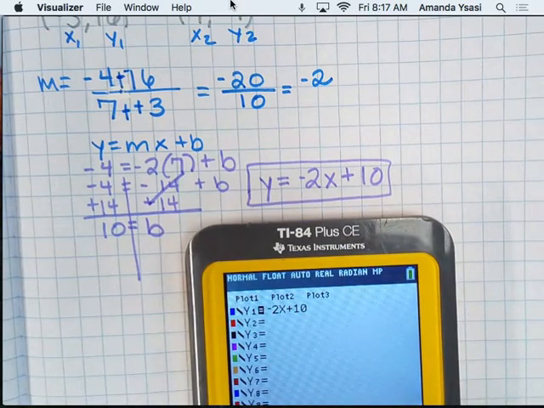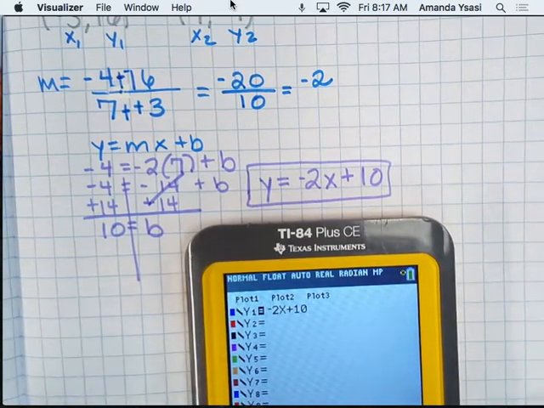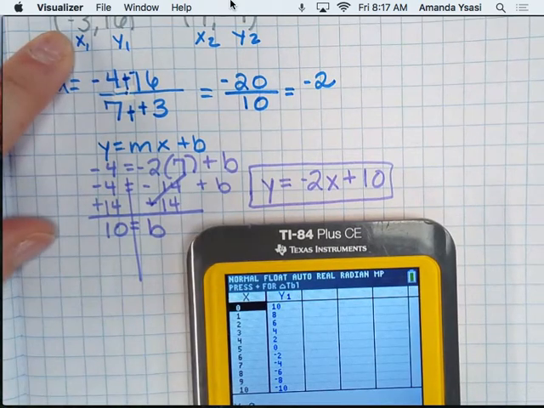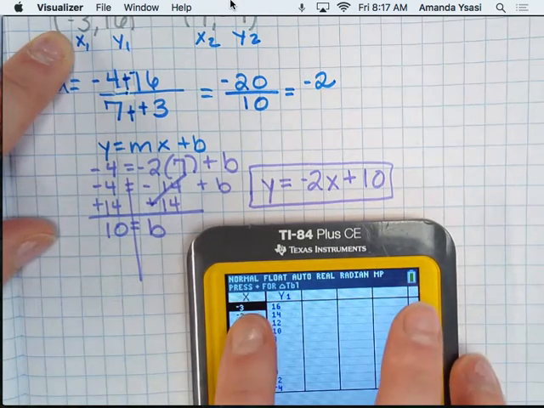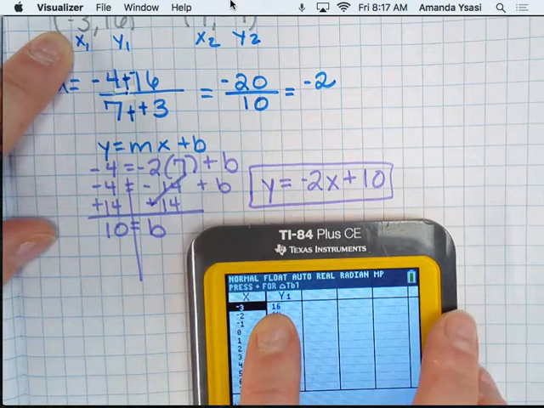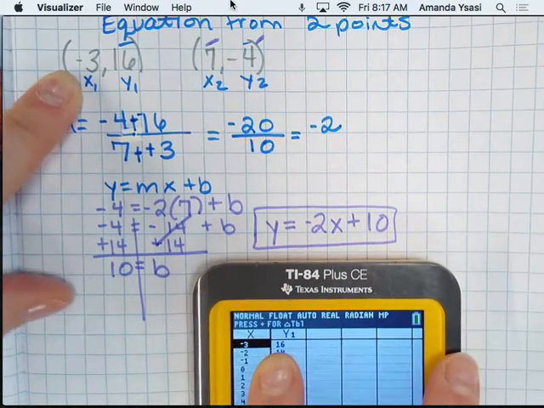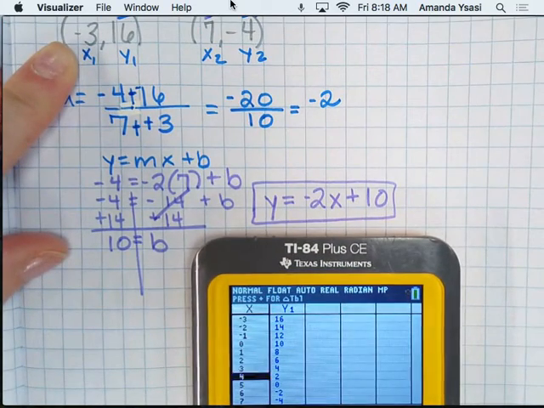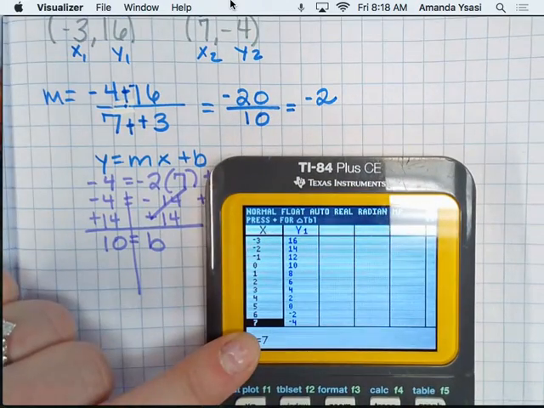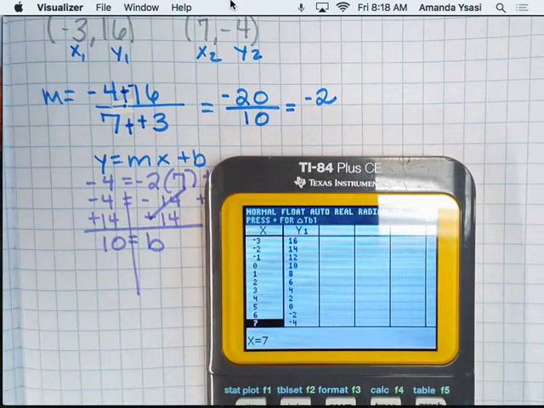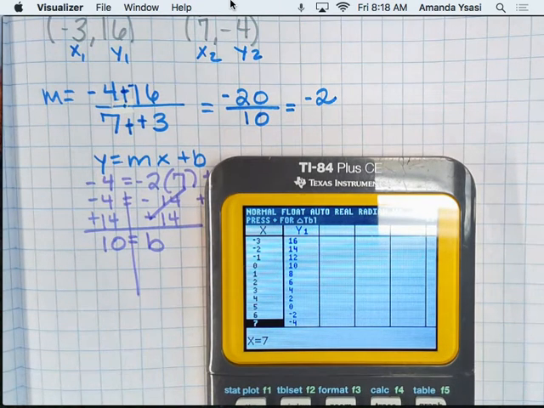Then we want to look at our table of values. So second graph is our table. And I want to check -3 is with 16. And it is. And then my other point is 7, -4. So 7, -4. And that's there also. So that means we did it correctly. You're just checking those 2 points.